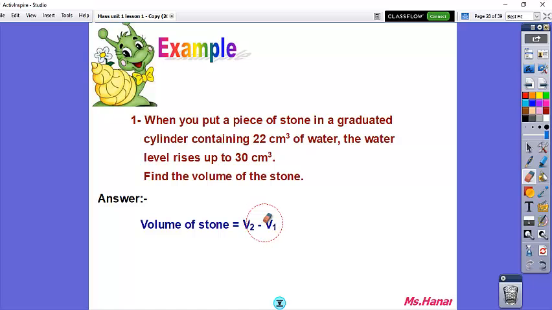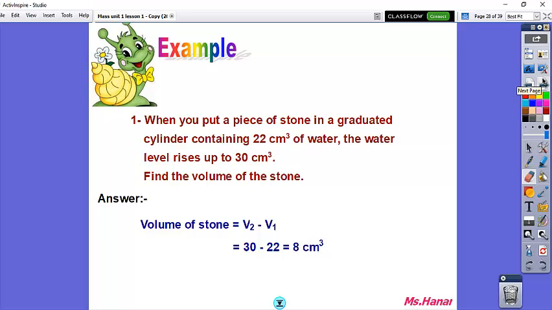V2 is the big number because it is the volume of water and the stone. So 30 cubic centimeter is V2 and V1 equals 20 cubic centimeter. So the volume of stone equals V2 minus V1, equals 30 minus 20, equals 10 cubic centimeter.